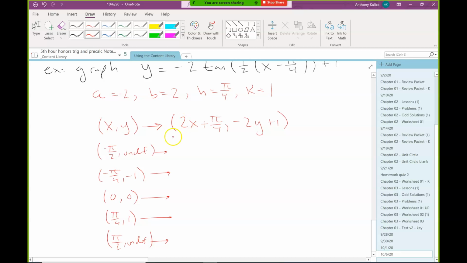So 2 times -π/2 is -π, and plus π/4 is -3π/4. And anything you do to undefined stays undefined. 2 times -π/4 is -π/2. If I add another quarter to that, that's -π/4. And then -2 times -1 plus 1 is 3. If I plug 0 in, I just have π/4 and 1.